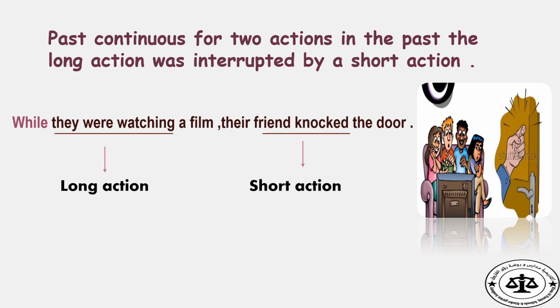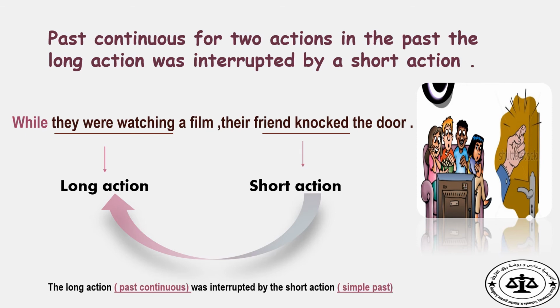Which action interrupted the other action? Excellent. The short action interrupted the long action. So, we can say now that the long action is in the past continuous and the short action is in simple past.